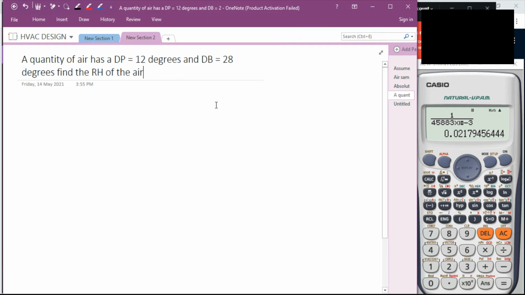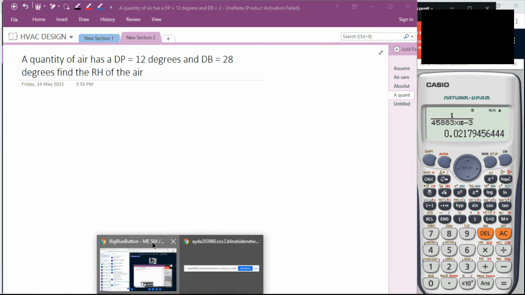Problem number 4. A quantity of air has a dew point of 12 degrees Celsius and a dry bulb of 28 degrees. Find the RH of air. Okay. Let us first use yung ating psychrometric chart. Given si dew point and si dry bulb. Let us resort dun sa ating app.